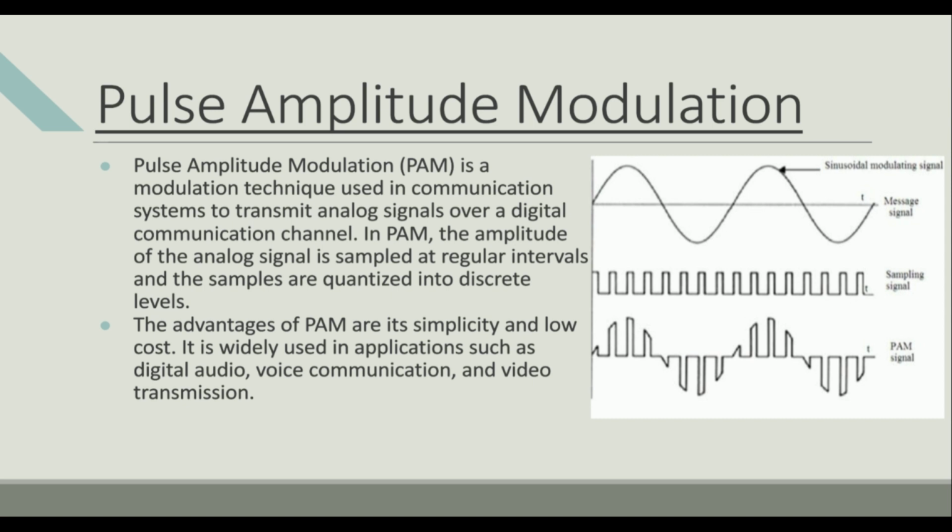Pulse amplitude modulation is a technique used in communication systems to transmit analog signals over a digital channel. These will be helpful in many applications. Optimizing the power in the PAM modulator will be very useful because we use PAM signals frequently.